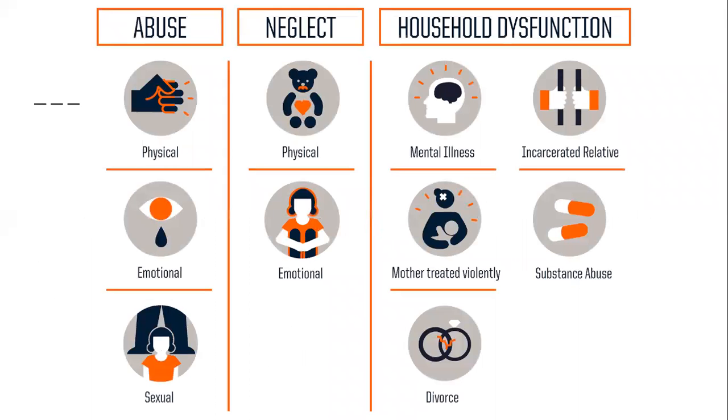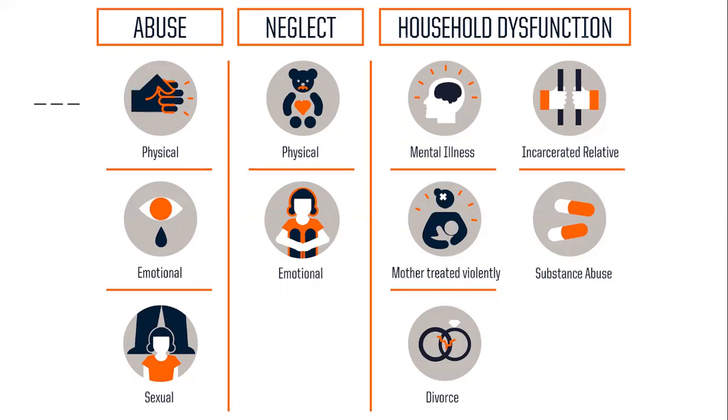So I want to show you guys this picture where these are the different types of ACEs, and they have put them into different categories. So you have the different types of abuse off to the left: physical, emotional, sexual abuse. Then neglect in the middle, and that's broken down into physical neglect and emotional neglect.